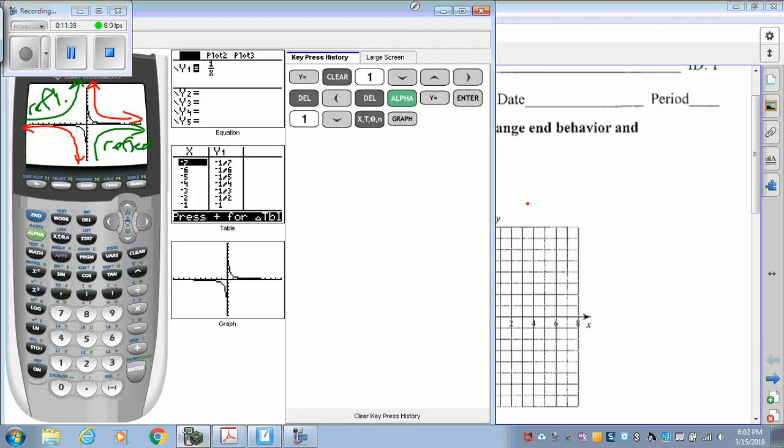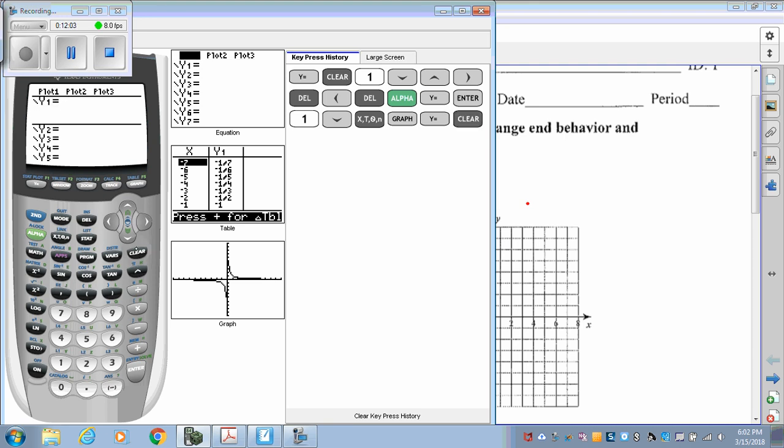So let's put this into the calculator and see what it looks like. That's the beauty of the graphing questions. All you have to do is put it in the calculator and see what happens. So we've got our parent function, 1 over x. Now I'm going to put in minus, so I'm thinking that that's going to reflect it.